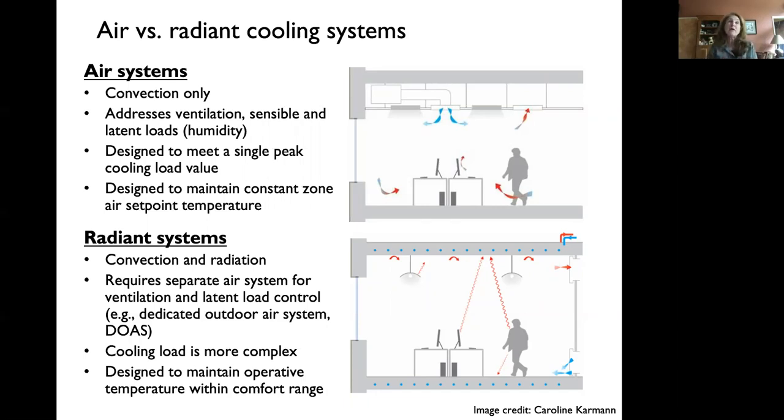So what a radiant system tries to do is control the temperature of those surfaces so that it's controlling our comfort through both convection and radiation. Now, it doesn't do anything for humidity control. It doesn't do anything for ventilation. So that's where it's really common for radiant systems to be combined with these DOAS systems that I mentioned.